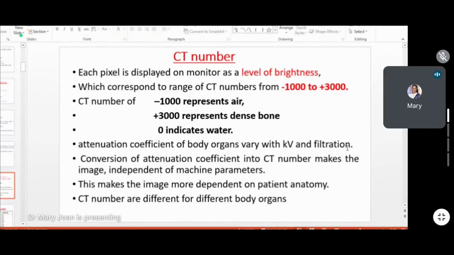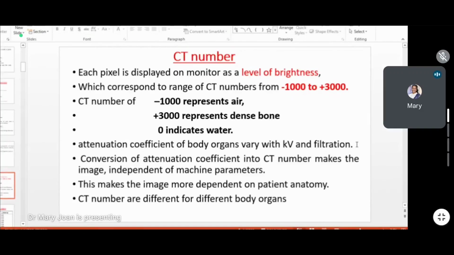The attenuation coefficient of body organs varies with kV and filtration. How does that happen? As kV increases, energy increases. Simply, the quality of the X-ray improves with the increase in applied potential or kilovoltage. And filtration makes the beam harder, meaning there will be fewer low energy X-rays in the hardened beam.